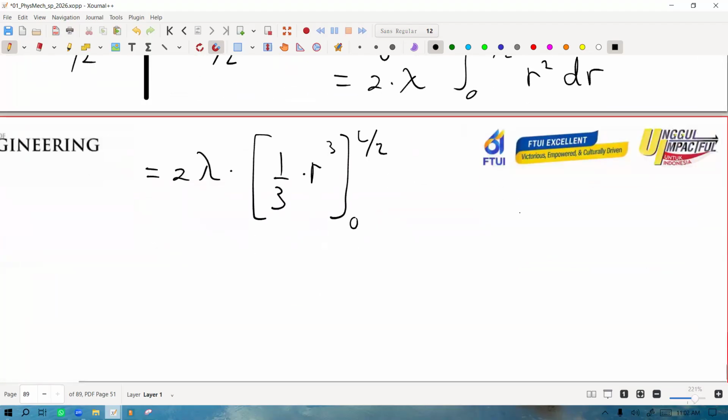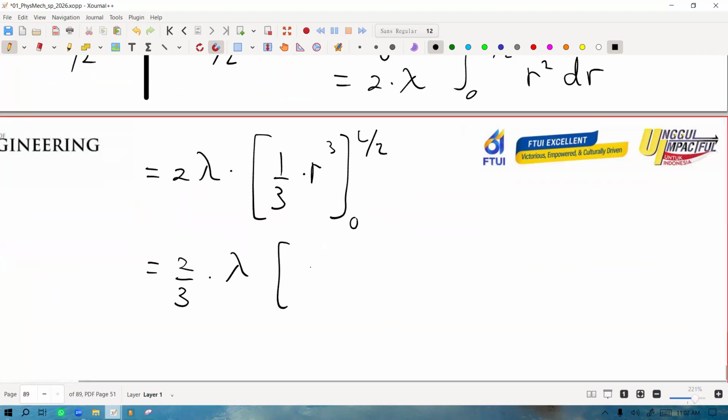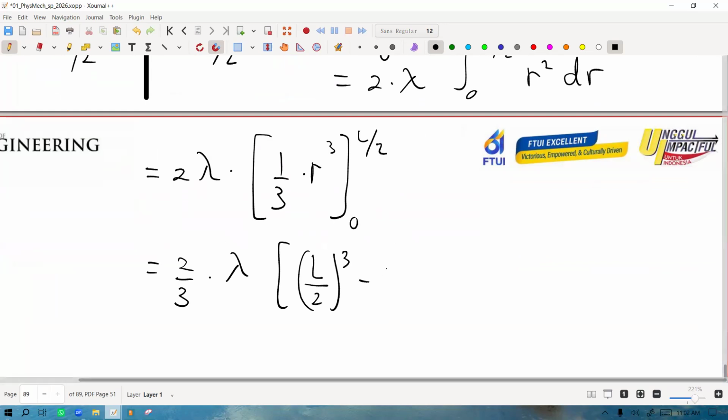So here becomes 2 over 3 alpha, times L divided by 2 to the power 3, minus 0.